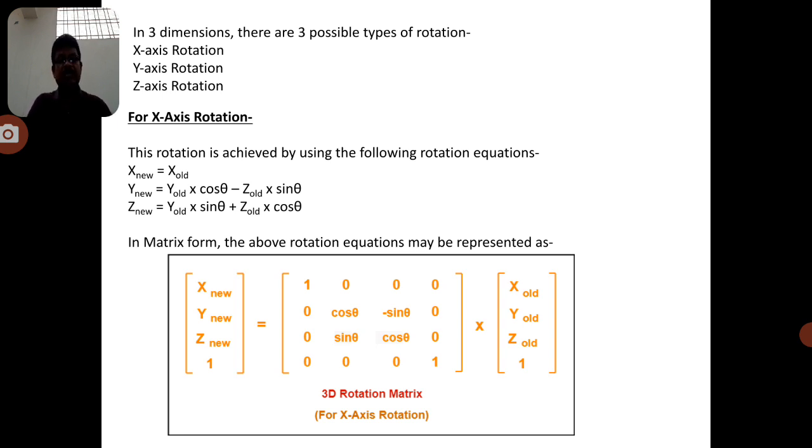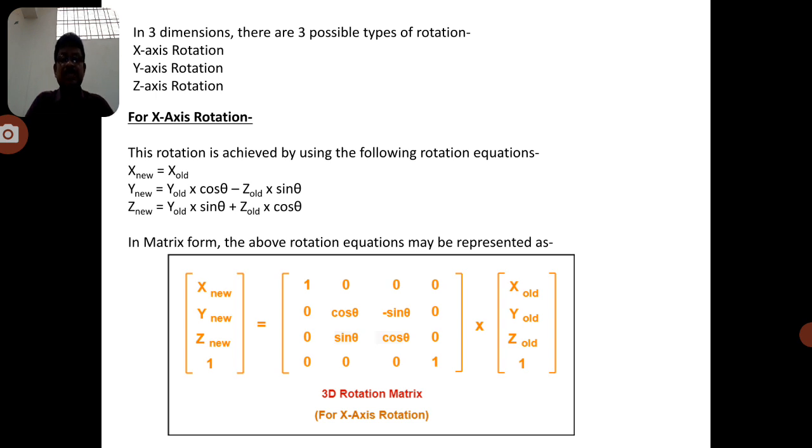Similarly we can write the homogeneous matrix equation. x new, y new, z new and 1 equals the matrix, where the rotation should take place differently compared to the translation. We can observe the first row and first column taking the diagonal of the unity matrix, because there is no change in x, the x value remains the old value.